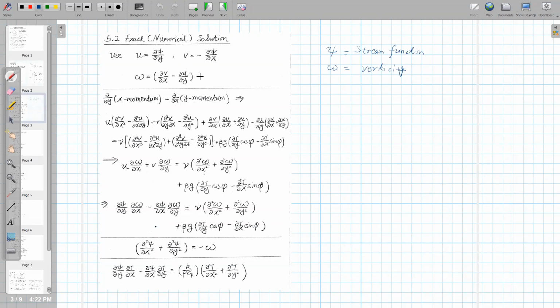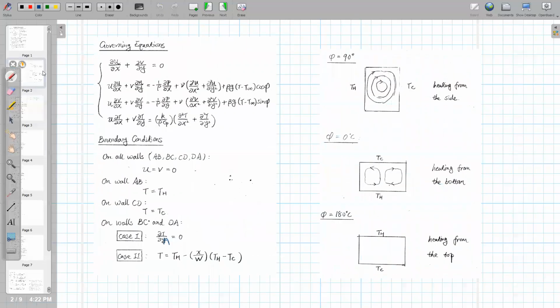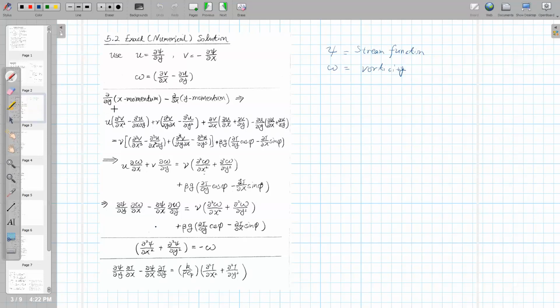After we introduce this stream function and vorticity notation, the first thing we can do is try to remove the pressure term. We have the pressure term in the x momentum equation and in the y momentum equation.